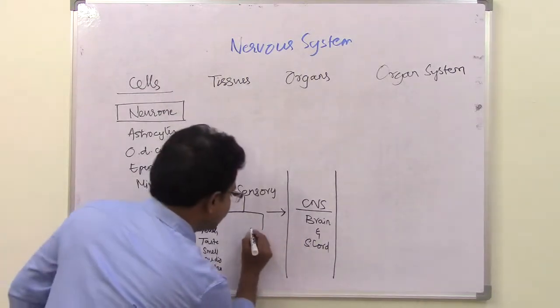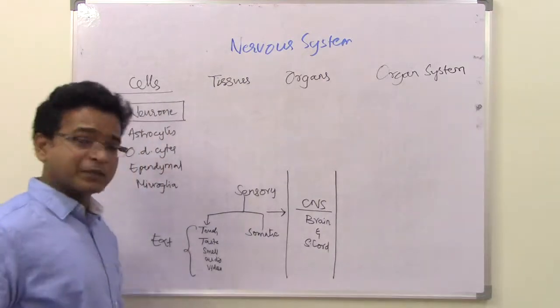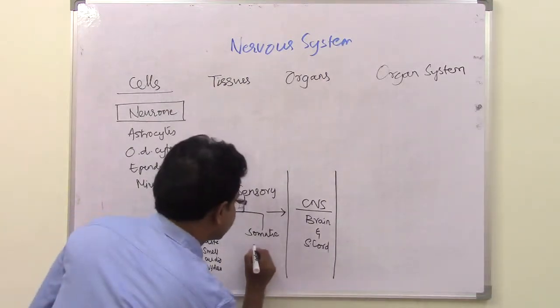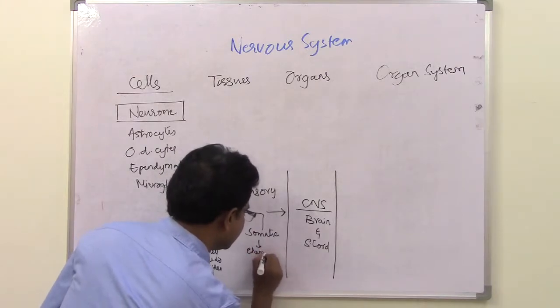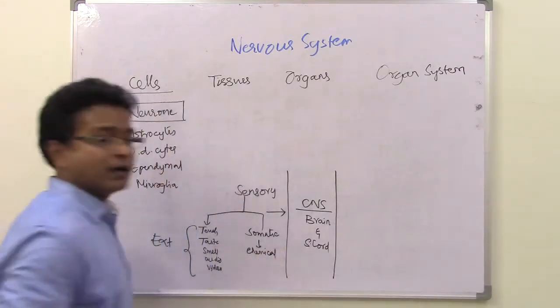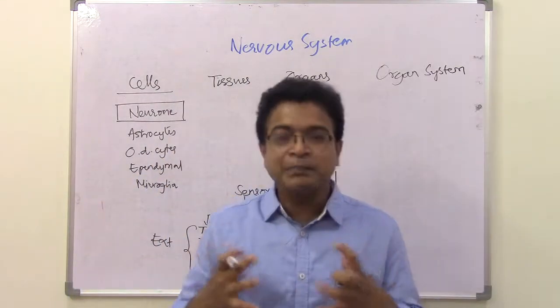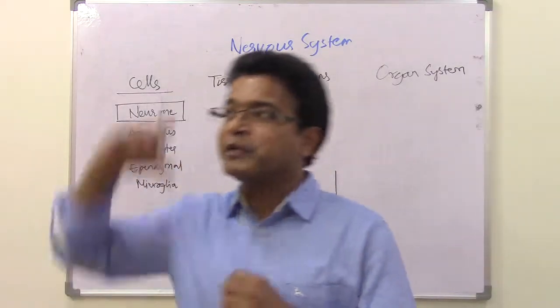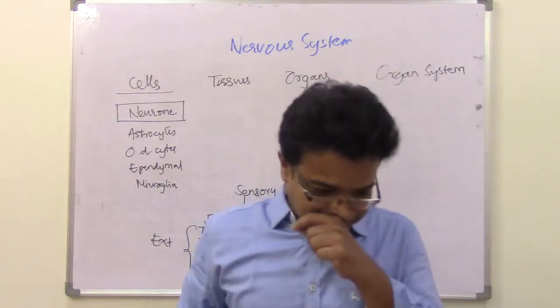So you need to have the somatic information and also the chemical information from our internal environment. What is the blood pH like? That should be immediately conveyed to the central nervous system so that it can take action on that.